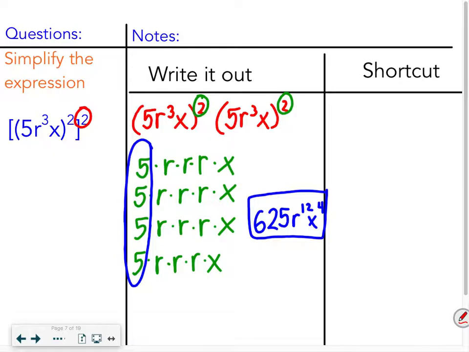Okay, for the shortcut for this one, you are going to take your outside exponents and multiply them. So you will take both of these 2's and multiply them to make 4.